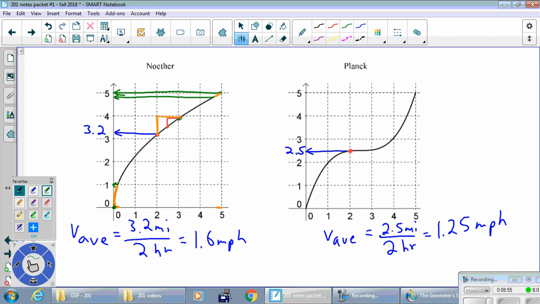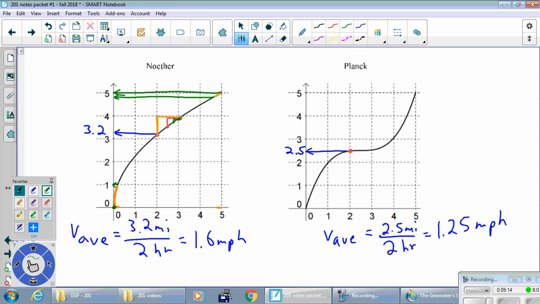Or maybe we go T equals 3 and T equals 2.8, something like that. And so this is kind of the idea. It's a fundamental calculus idea, that calculating instantaneous velocity is really hard. And so instead we're going to do an average velocity, but over a really, really tiny time window.